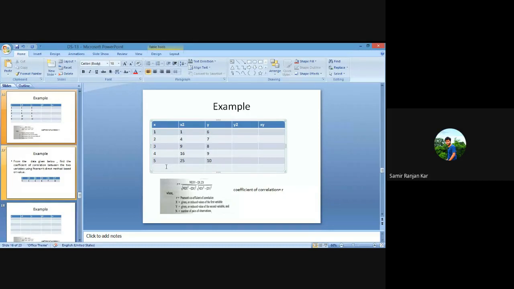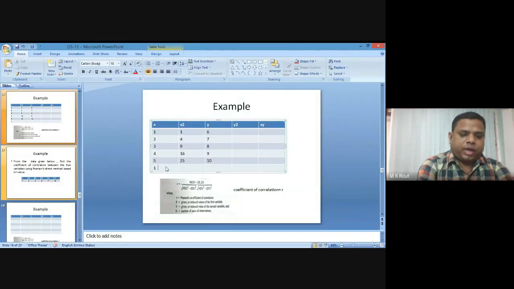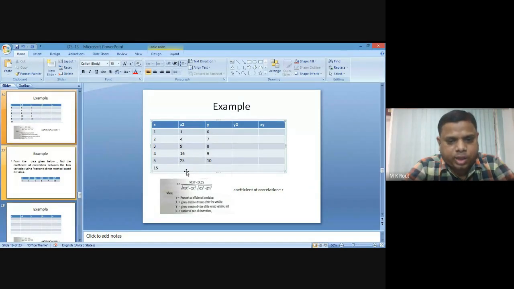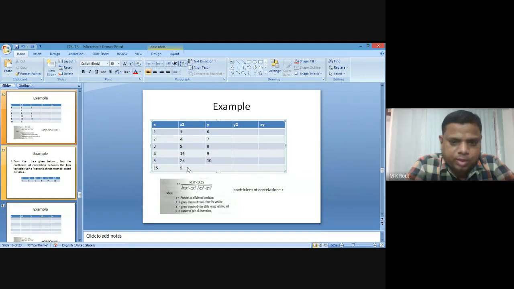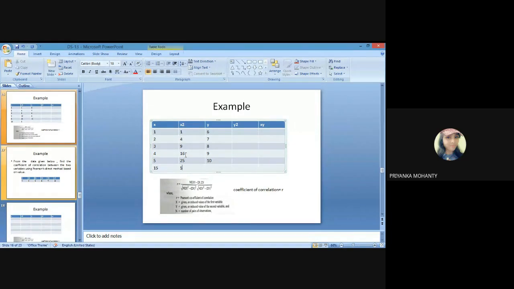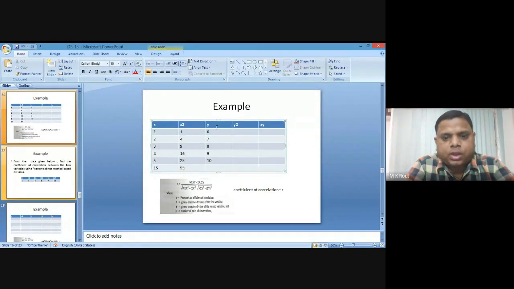Yes. And sum of x square? 55. Just 4 plus 1, that is 5. 5 plus 4, 9. 9 plus 16, 25, and 25 plus 25 makes 55. Okay. The next one is in case of y.